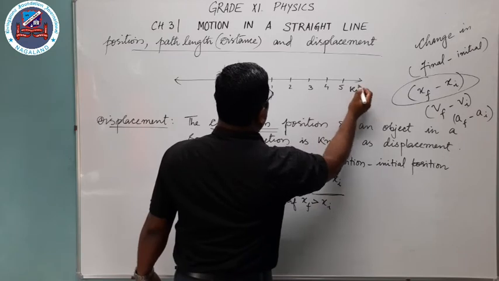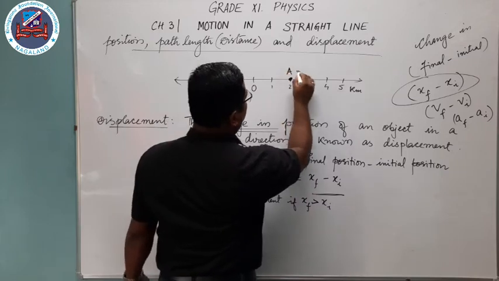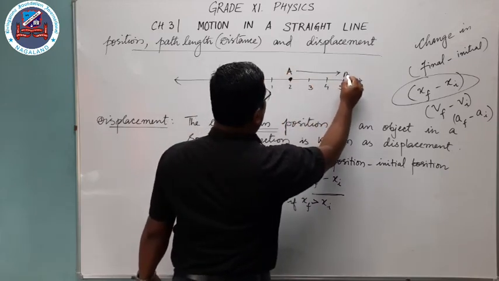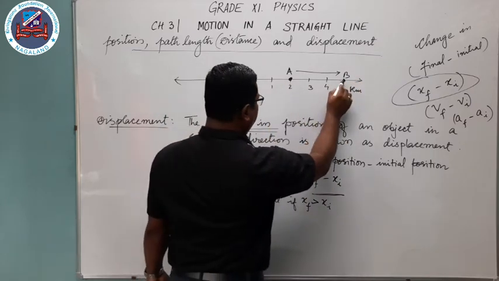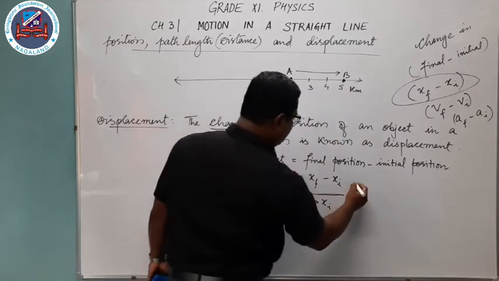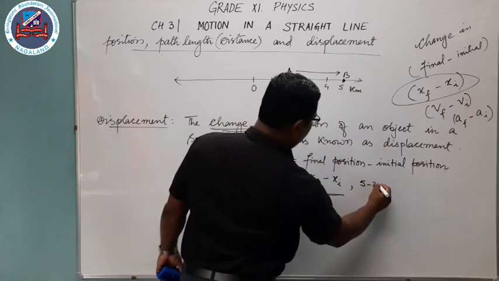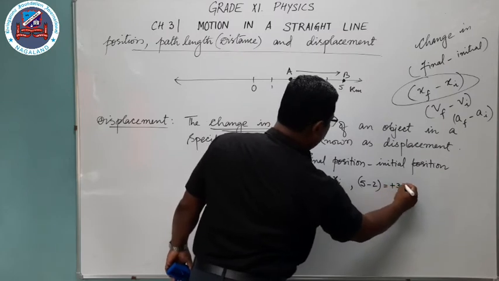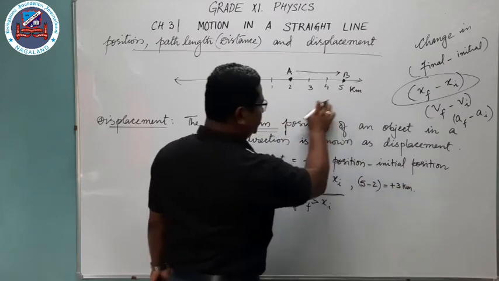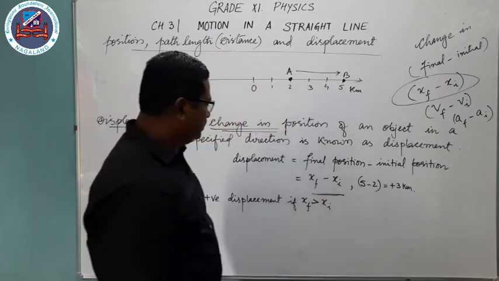Suppose you know that the body was placed here initially at 2 km. This is the position of the body. Body has moved up to 5 km at point B. Then initially it was at A, finally it is at B. So xf is bigger, here it will be 5 km minus 2 km. Then you will get positive displacement. It will be plus 3 km. We are talking in terms of kilometer. The unit will be kilometer. So it will give us positive displacement.